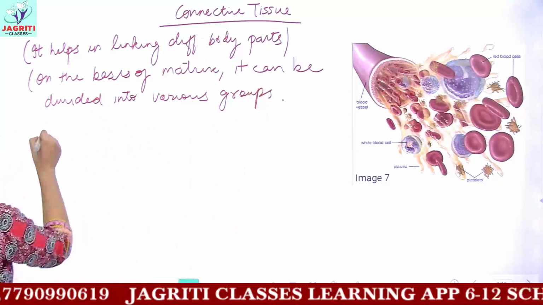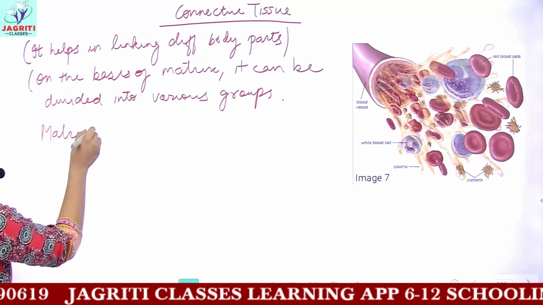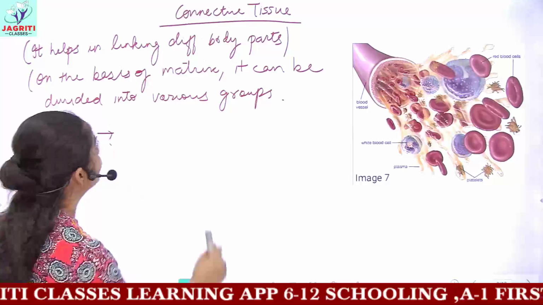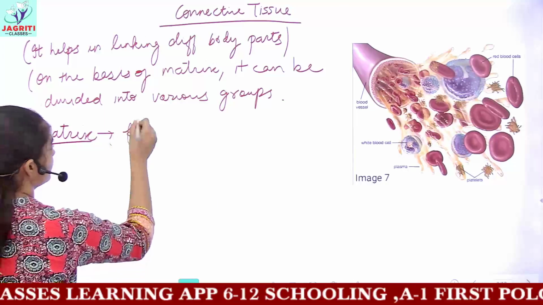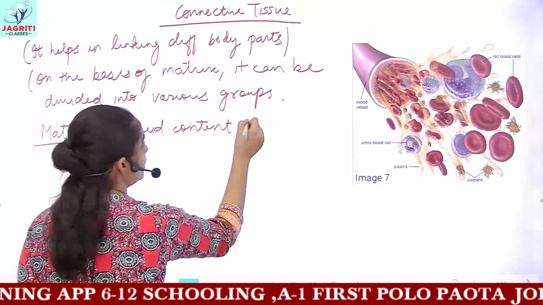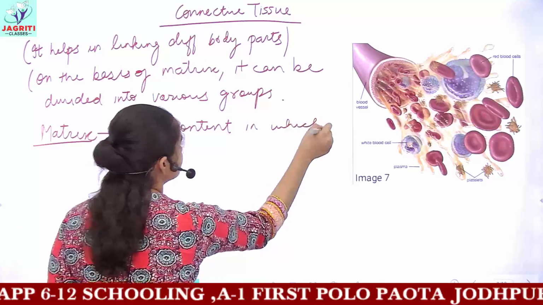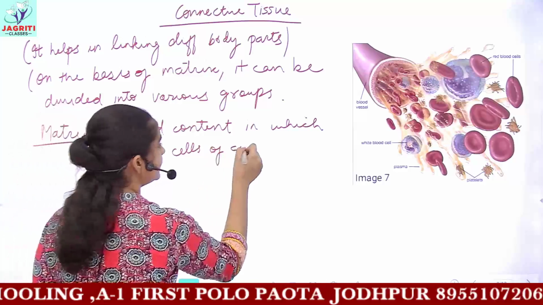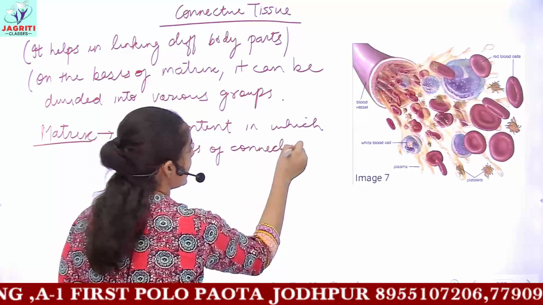And what do you mean by the term matrix? Matrix is the fluid content present inside these connective tissues. It is the fluid content in which the cells of connective tissues are embedded.